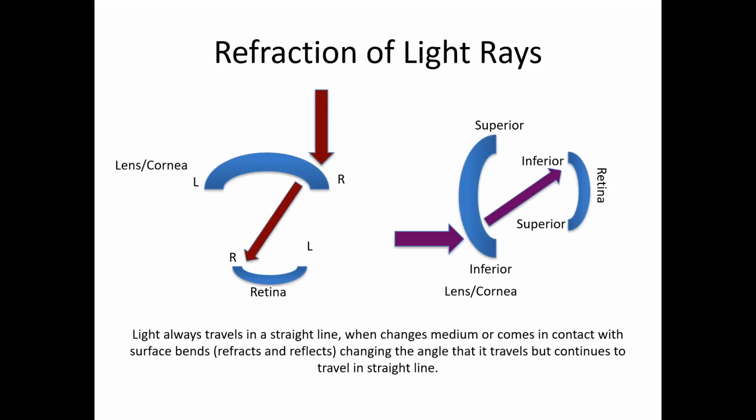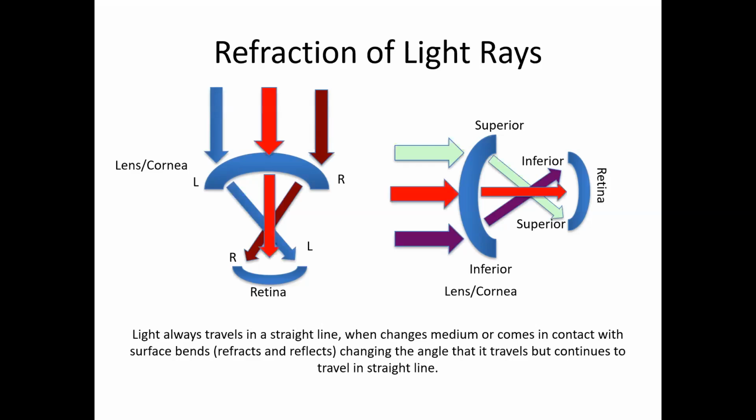And so when we look at light, the way in which the retina is going to receive the visual information is inverted and reciprocated from the light within the actual visual field.